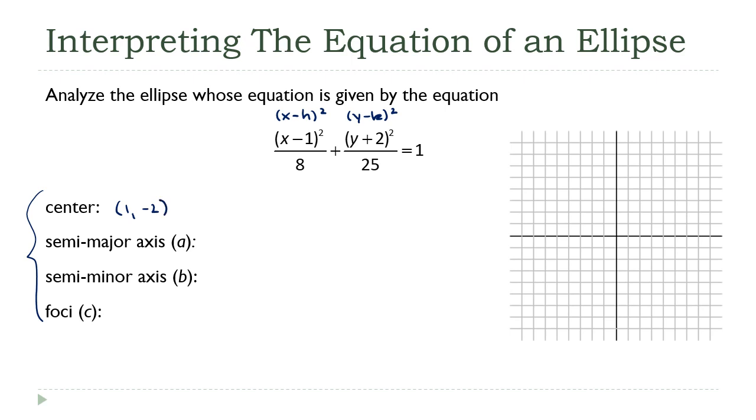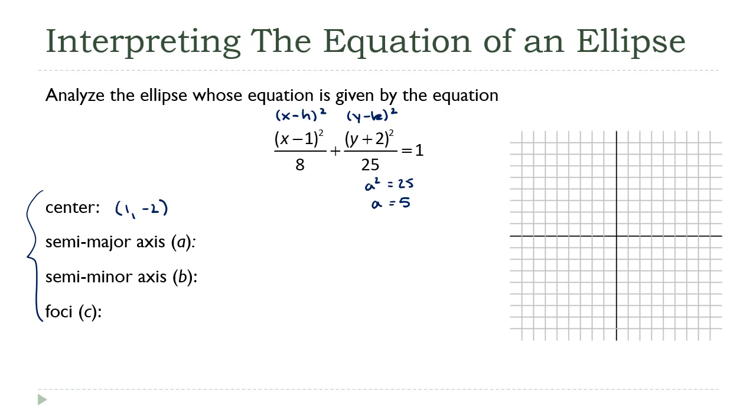To get a, remember that a comes from the bigger number in the denominator. So a squared is going to be 25, which means a is 5. And yes, I do just want the positive one. This a is the length of the semi-major axis. Since it's a length, I want that to just be a number.